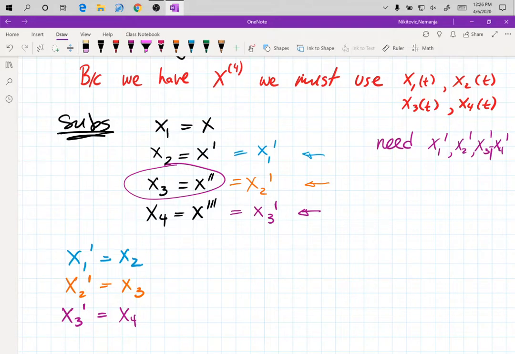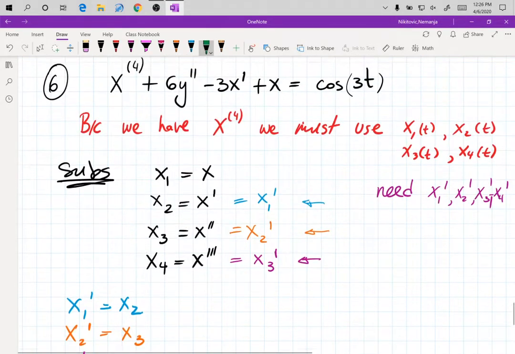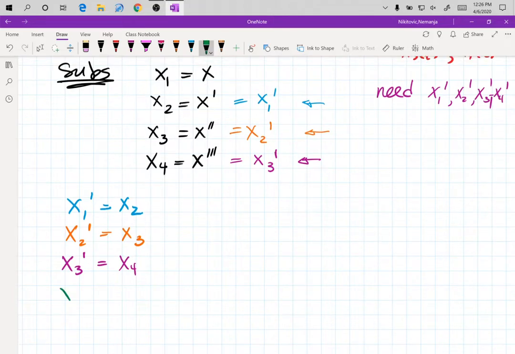And finally, at the end, let's go soothing green. The next equation is, what is x4 prime? Well, x4 prime is x fourth derivative.